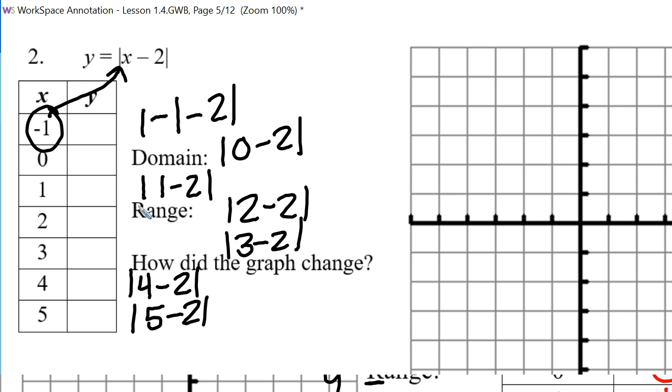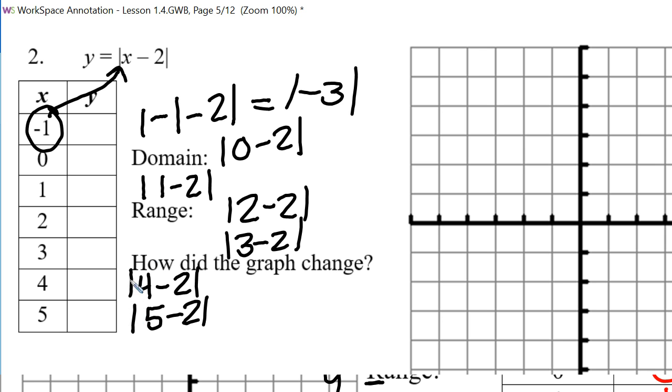Now again, I'm just writing out the math just for the first piece so you can see where the answers are coming from. So again, order of operations, work inside the grouping symbol first. So looking at the first one, what is -1 minus 2? -3.